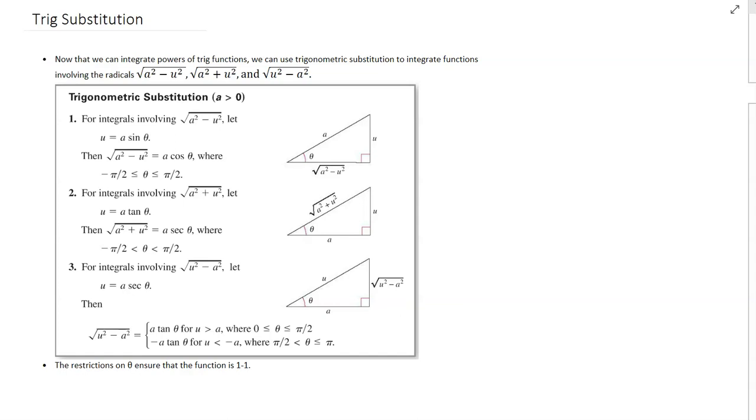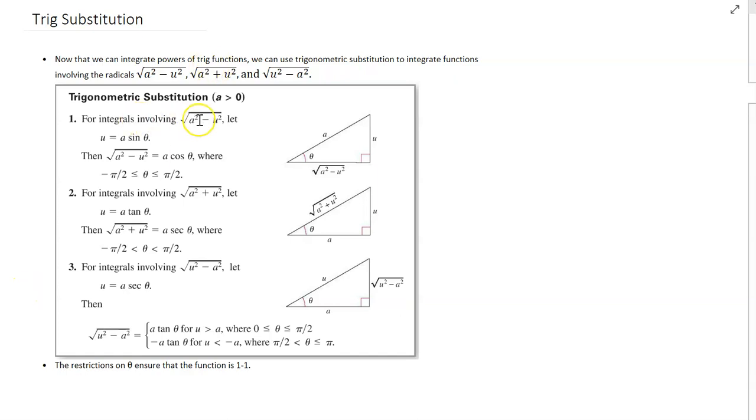So these are specifically going to be ways that we can handle ones that don't necessarily match that format. It'll work if they do, but it'll also work if they don't. So if you have a radical of one of these forms and you don't know what to do, this is where you start.